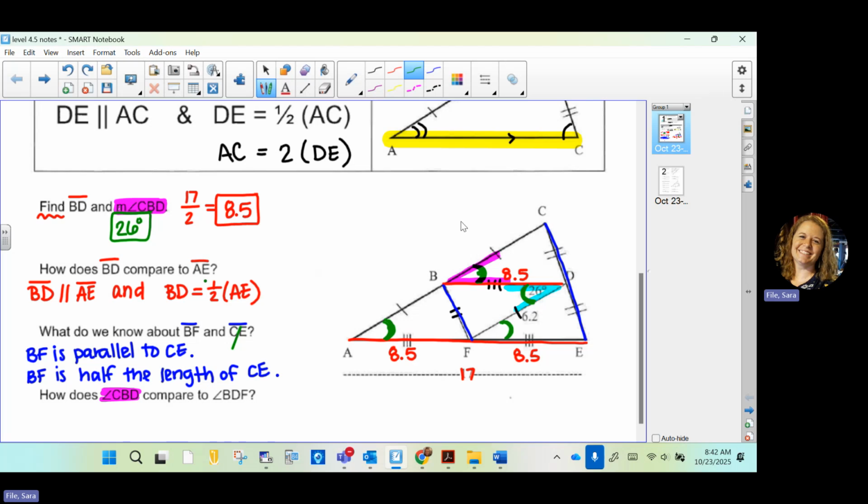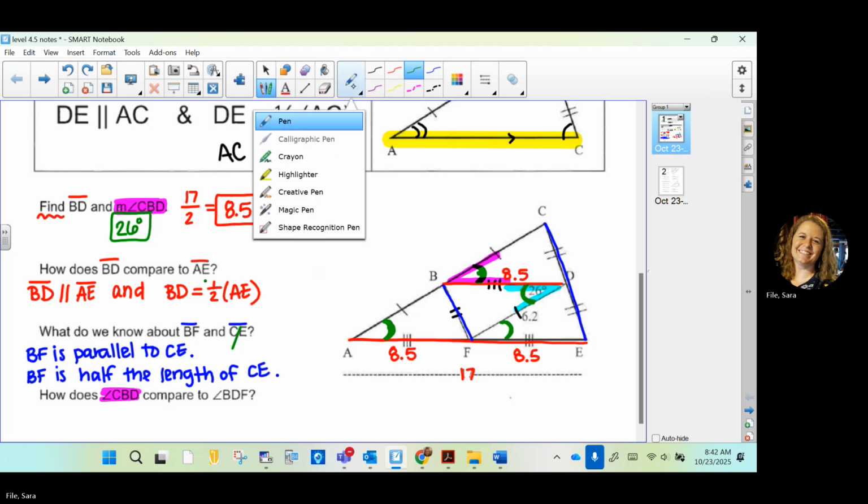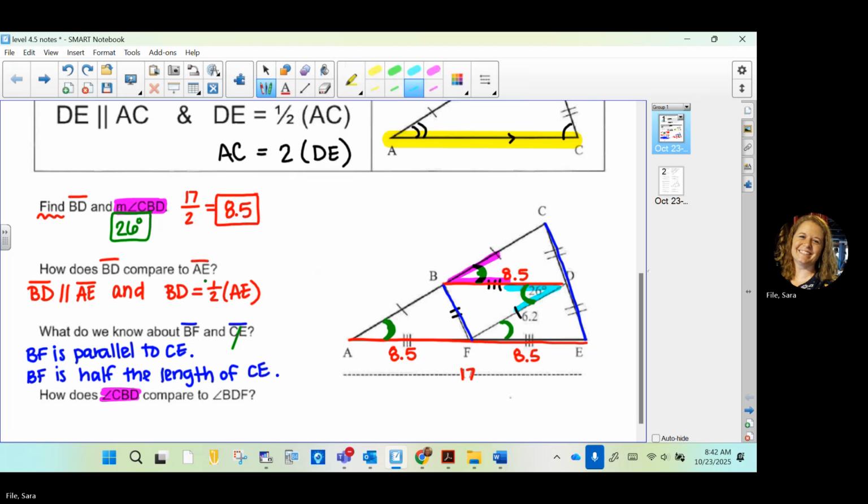What would you say? How are they marked in the picture? How did I mark them? But in what geometry terms, what could we say about these? They are congruent. Okay, they're equal measure.